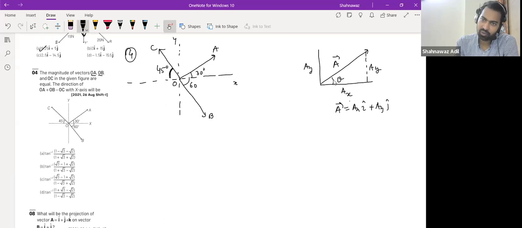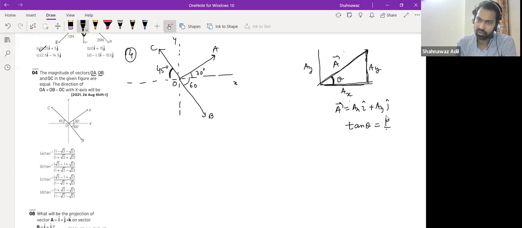Now you see that this theta is not given. If theta is not given, we can calculate tan theta. Tan theta would be how much? Let's assume this right angle triangle. This is the theta, this is the hypotenuse, this is the base, and this is the perpendicular. So what would be tan theta?